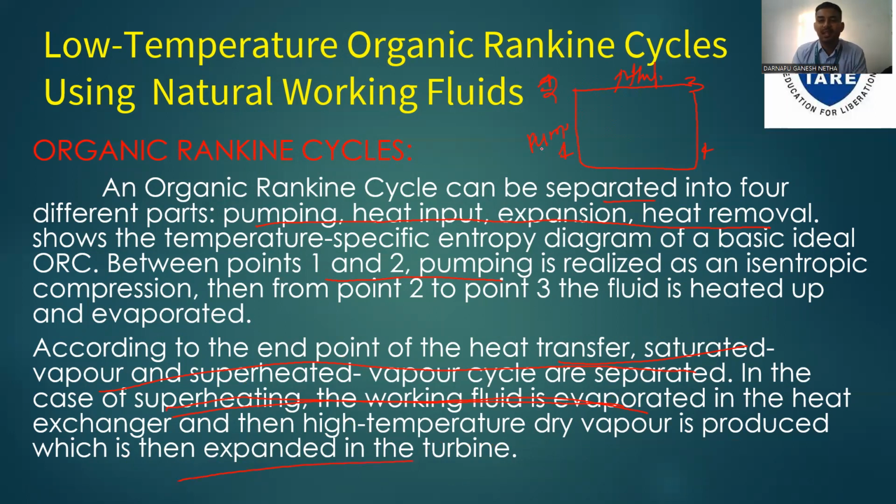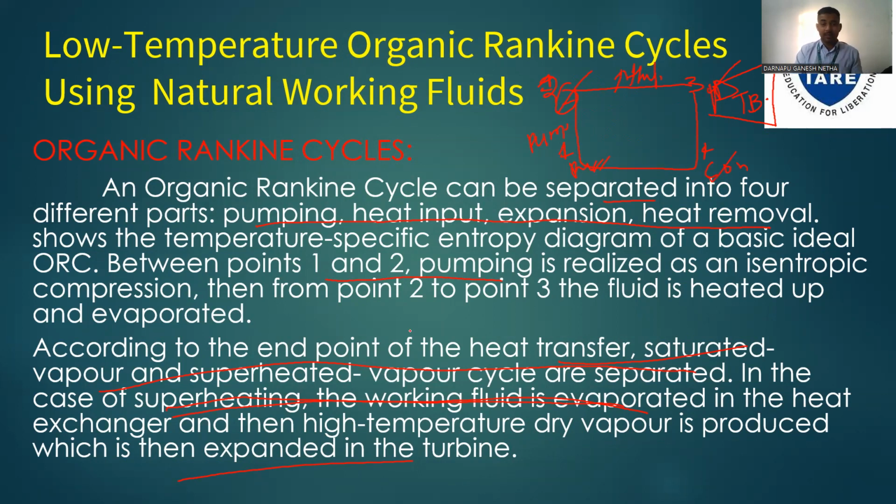So basically, if you consider this, it is a pump, a boiler, a turbine, and a condenser. You can imagine this is a basic Rankine cycle. So here: pump, boiler, turbine, and condenser.